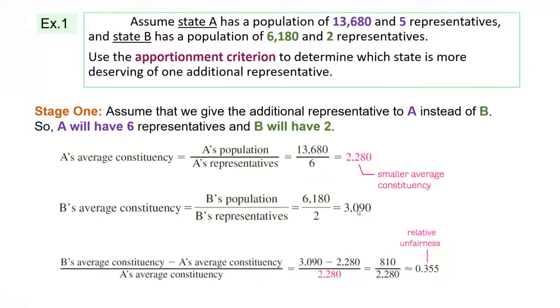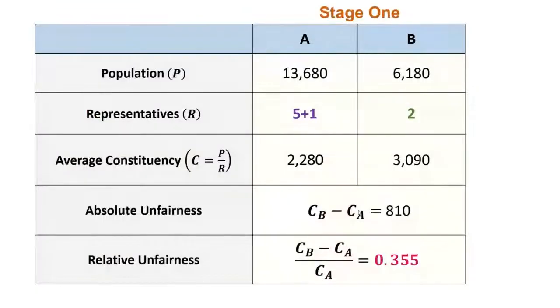And we find the relative unfairness, which is 0.355. Let us summarize this in the table. So original population, it doesn't change. So the extra representative goes to A, and the relative unfairness is 0.355.